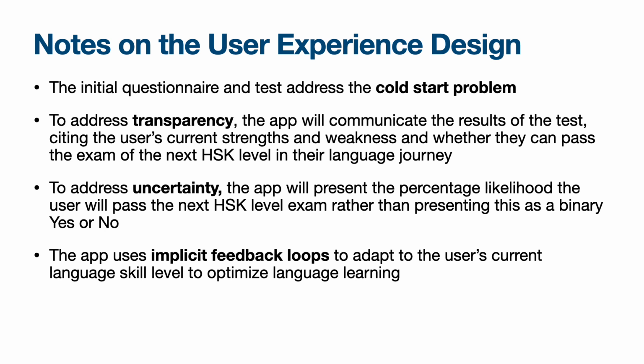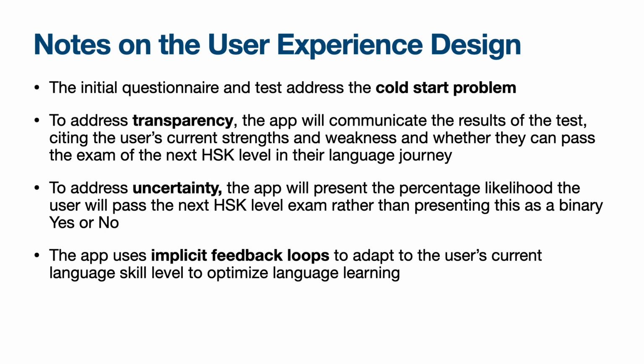A few notes on the UX design. The original questionnaire and test would address the cold start problem. To address transparency, the app would communicate the results of the test, citing the questions that the person did well on and the questions that they did poorly on to explain how they were assessed and what their current HSK level is.